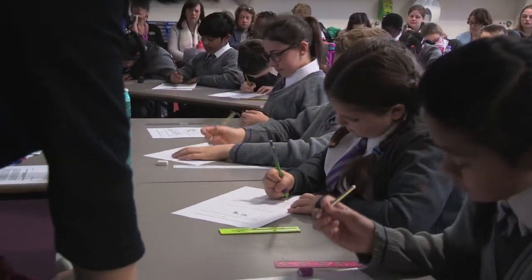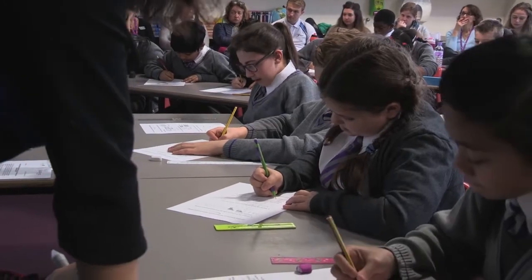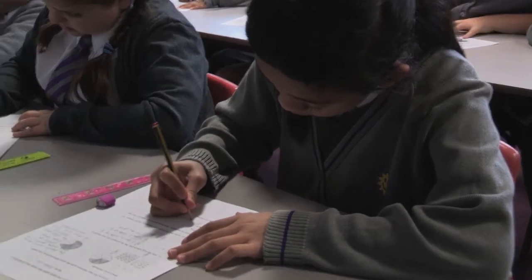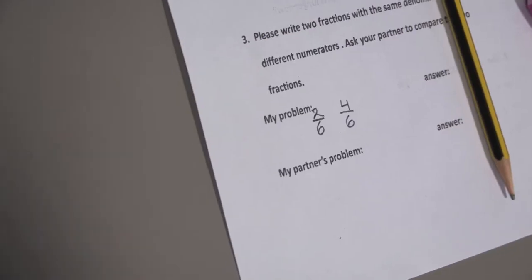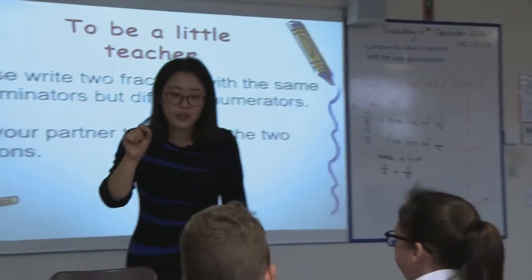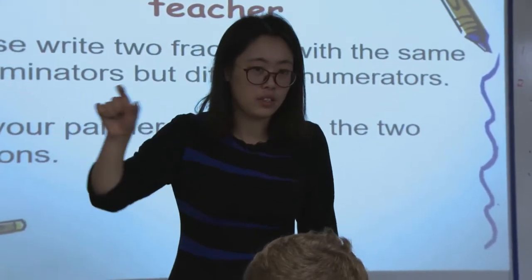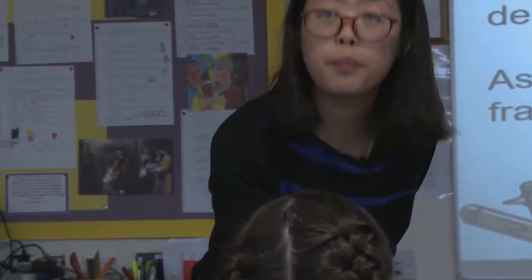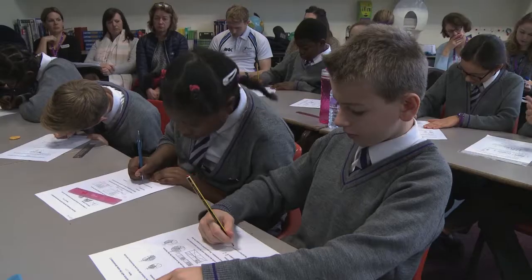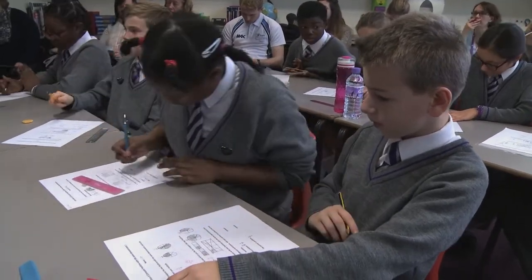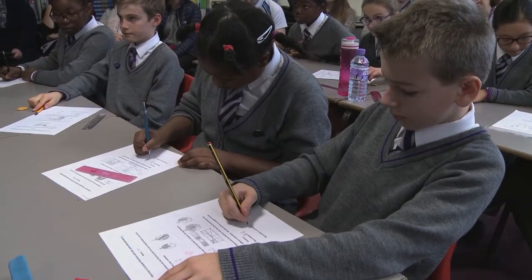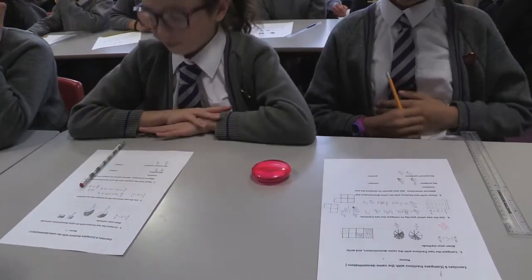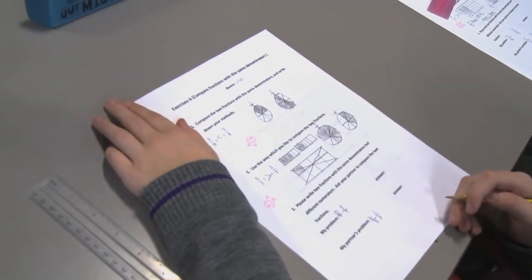Just write two fractions, the same denominator, but different numerator, right? Copy your partner's fractions. Write them on my partner's problem, right here. Then you have two problems to solve, right? Okay, then write down the answers of the two problems.